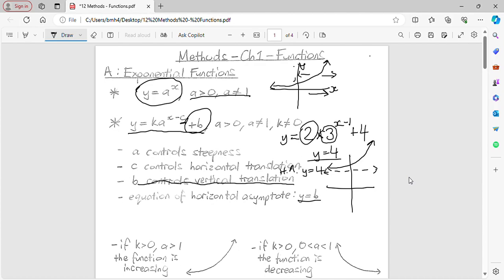So yeah, it's basically this graph lifted up 4 units from the x-axis, which is this bit here. So it affects vertical translation, and it is also the equation of the horizontal asymptote.